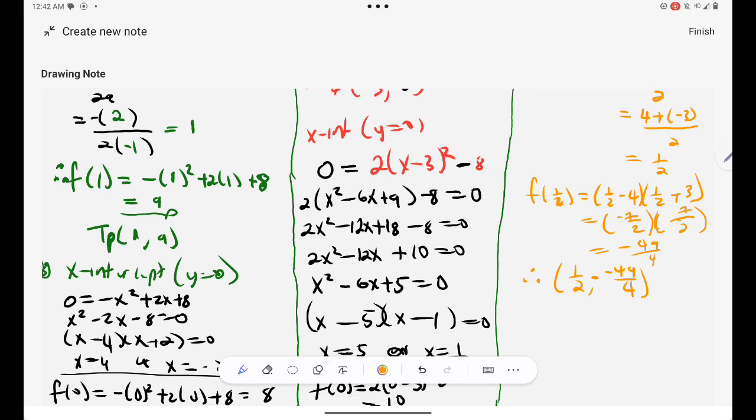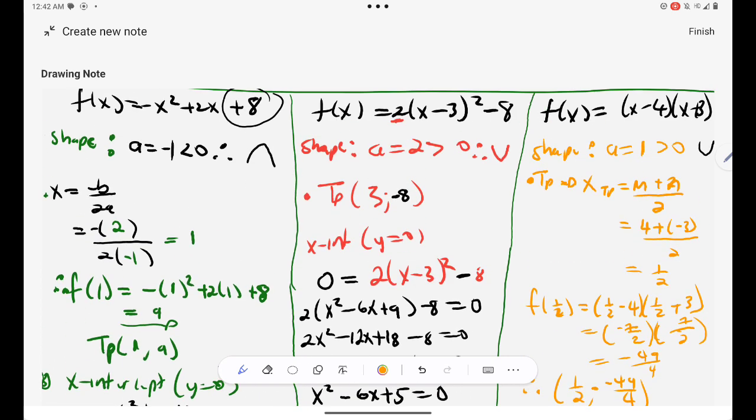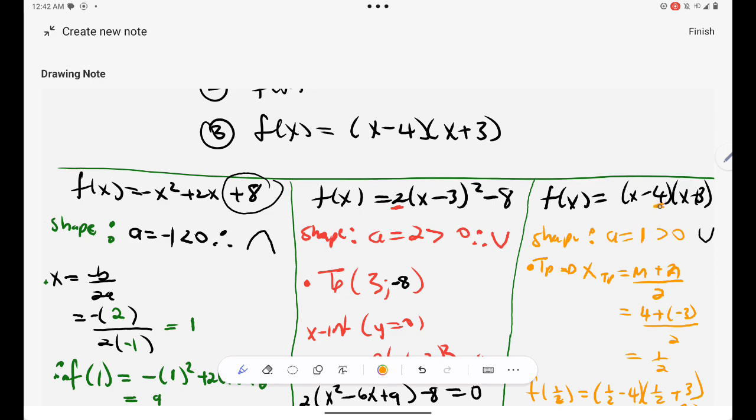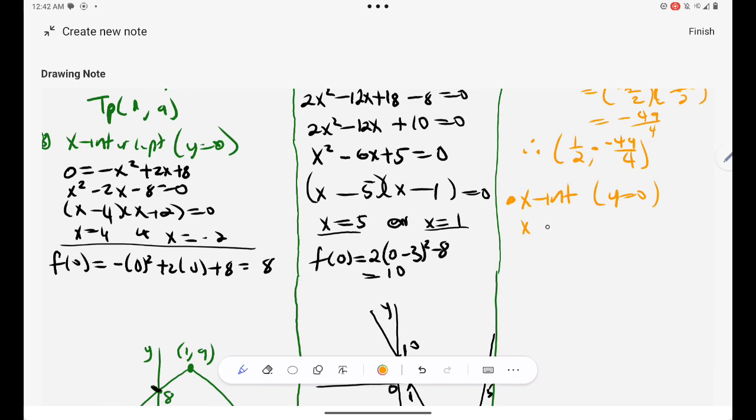And then the x-intercepts, where y is 0, I'm given the x-intercepts, this one and this one. So x is equal to 4 or x is equal to negative 3.